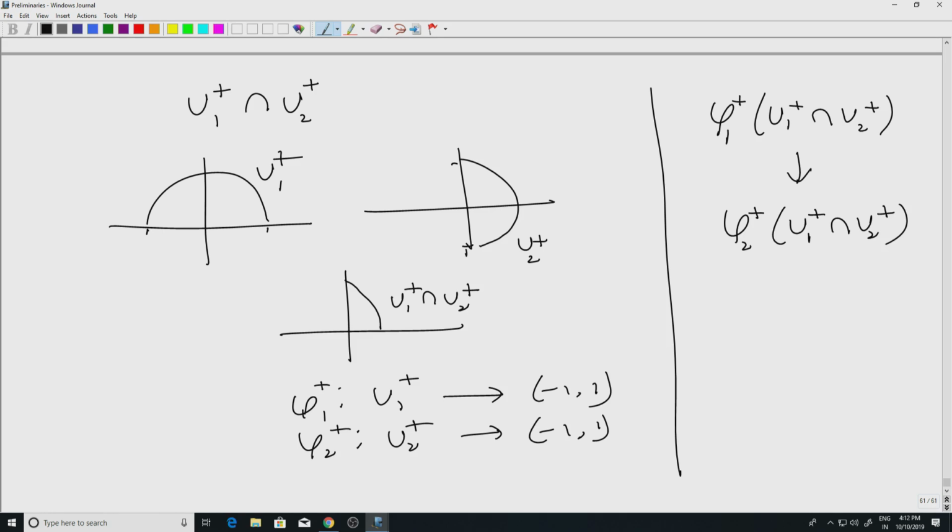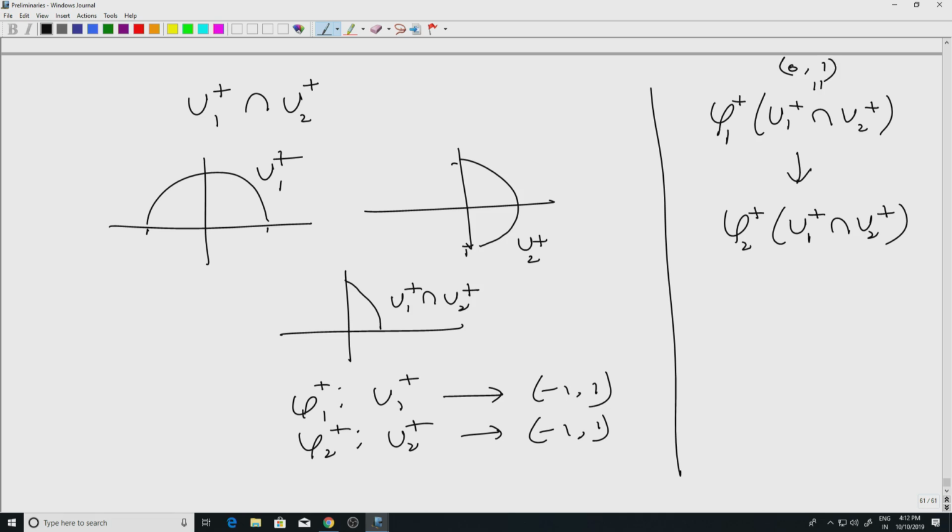Now this phi1 plus of u1 plus intersection u2 plus, in other words of this portion: the map phi1 plus was just looking at the x coordinate. So x coordinates for this arc vary from 0 to 1.